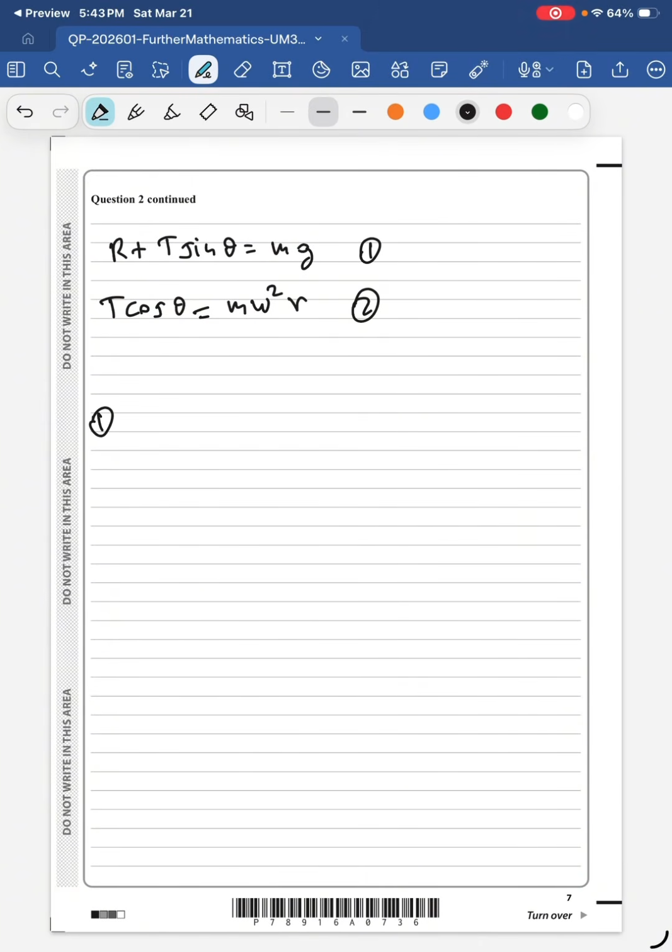Let's rewrite 1. Is this the best way to do it? No, that's not the best way to do it. We will start with 1 actually. I'm sorry. So R plus T sine theta is mg. And then from 2, we can solve equation 2 for T. So T is m omega squared r over cosine of theta.